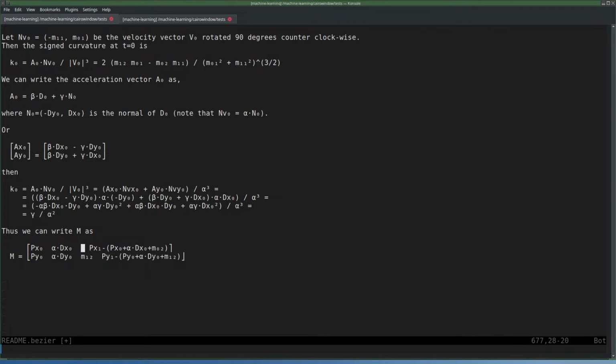So this is going to be replaced by something divided by 2, being beta dx0 minus alpha squared times k0, comma, times dy0 divided by 2.